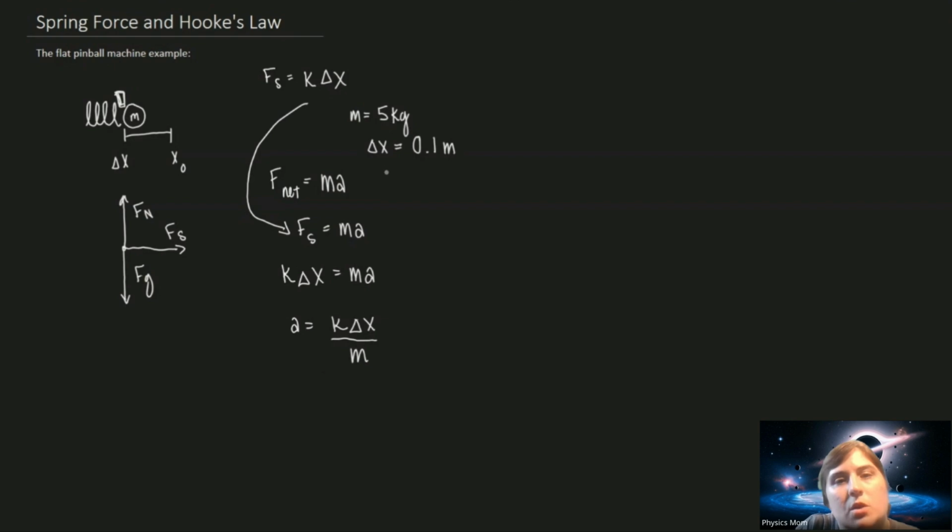And then the spring constant, some of these are kind of high. We'll say 200, and that'll be newtons per meter for the spring constant for this case. Then I can plug this in, and I can say, all right, well, this is going to be 200 newtons per meter times 0.1 meters, divided by the kilograms.